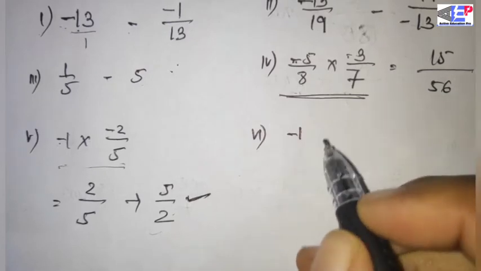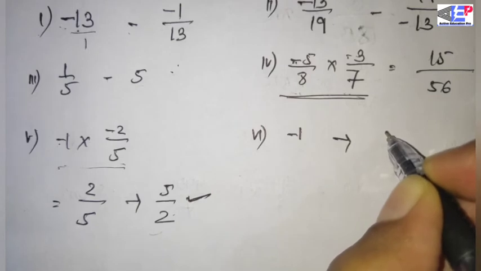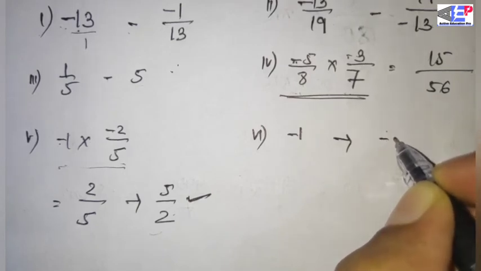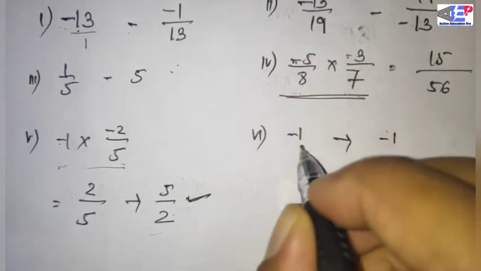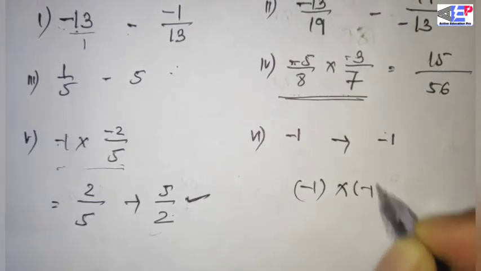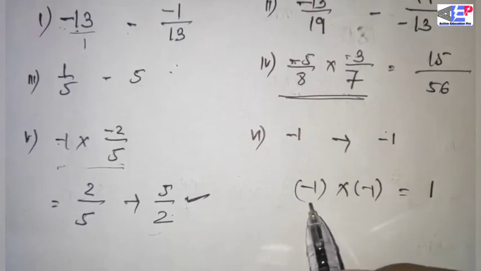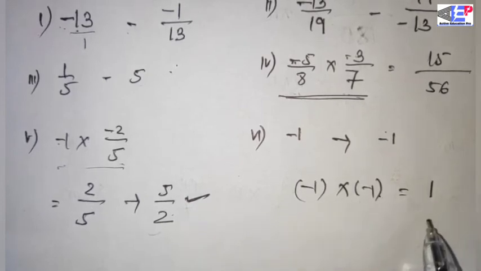And the last bit is minus 1, so its reciprocal will become minus 1. Minus 1 with minus 1 is 1. The product of minus 1 with another minus 1 is 1.